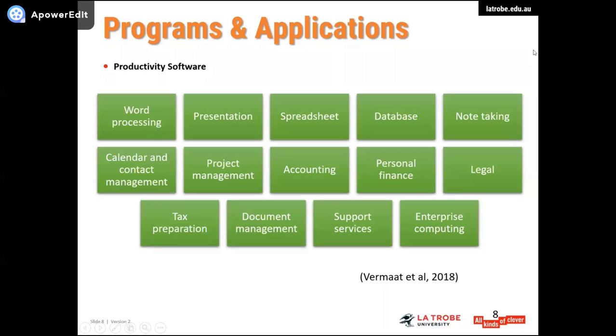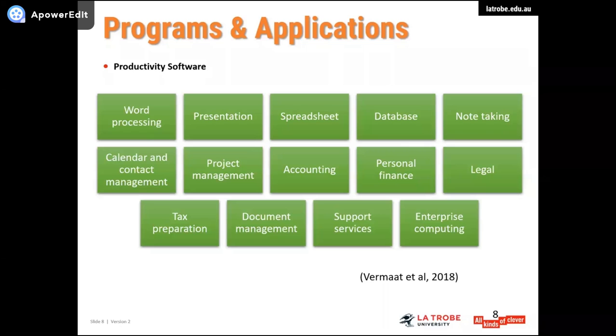Within application software, we can further divide into several other categories. First is called productivity software. As the name suggests, productivity means that we can use it to improve our working or study efficiency. For example, Microsoft Word helps us to prepare documentation.